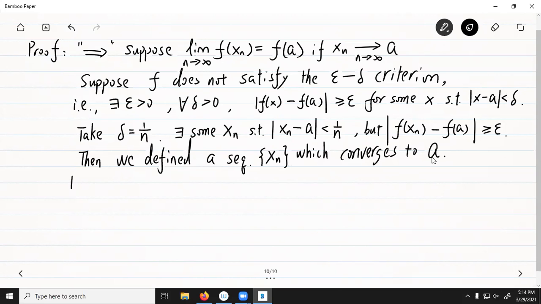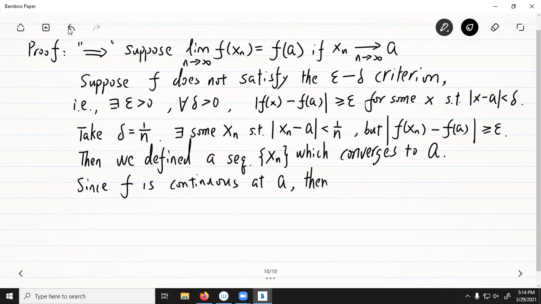So by the assumption, since xn will approach a, and f is continuous at a, then you have a sequence convergent to a.